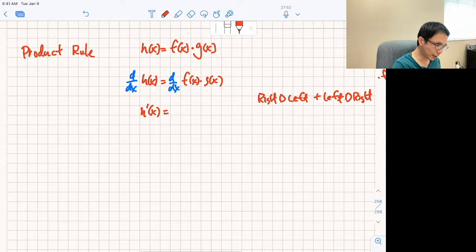So what I am saying is, assume there are two functions, f of x and g of x. We keep the right exactly the same and take a derivative of the left, and we keep that, plus f of x times g prime of x.